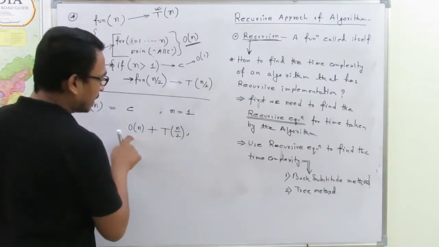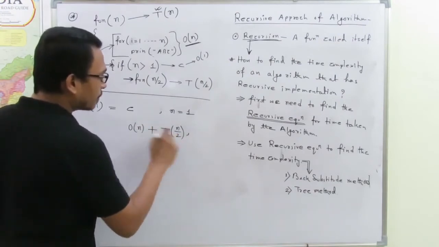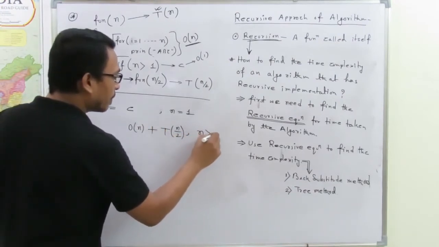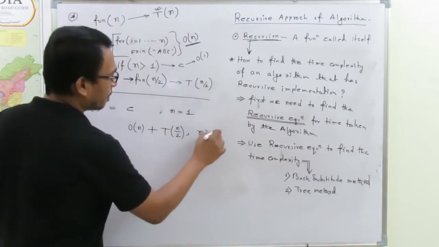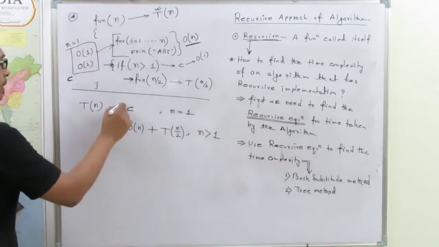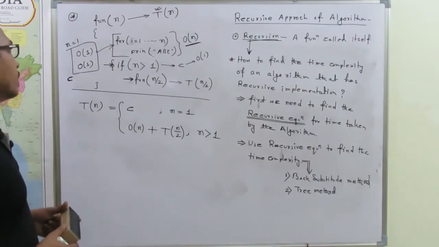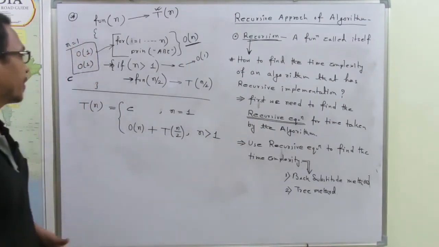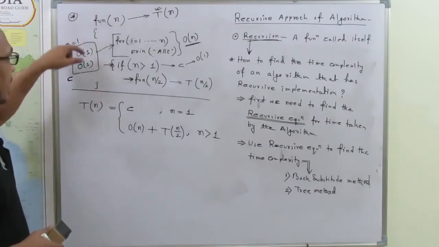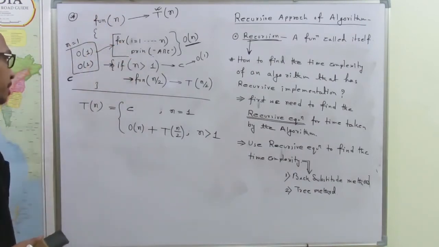This comes when the number of input becomes greater than 1. This is the equivalent recursive equation for the time taken by this particular recursive algorithm. Clear?